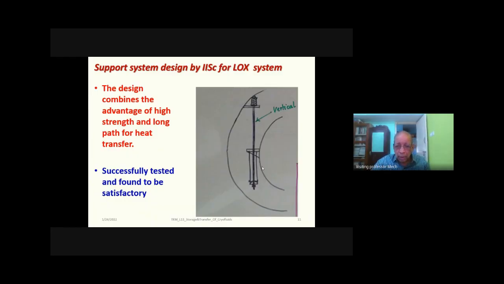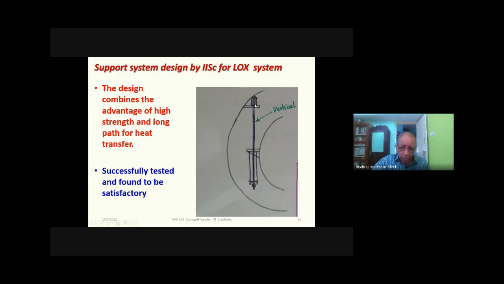So the arrangement is like this. From room temperature, you have a supporting arrangement through a spring. This vertical solid rod goes to the bottom, to a swelling washer here, and then it rests on an SS pipe, a stainless steel pipe, which is supported on the inner vessel.